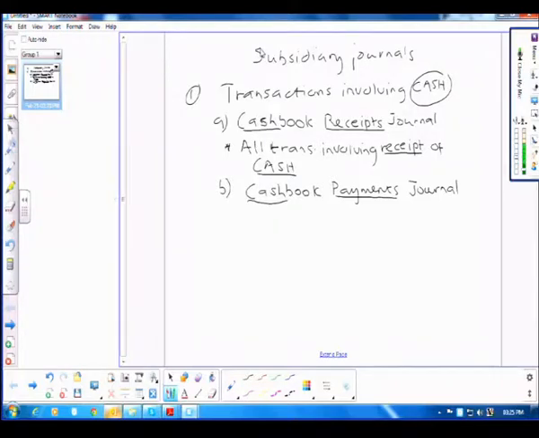Here we record all transactions involving payment of cash, except petty cash, because we know that some payments we can do by petty cash. So in the cash payments journal, we record everything involving the payment of cash, except if we are using the petty cash to pay.